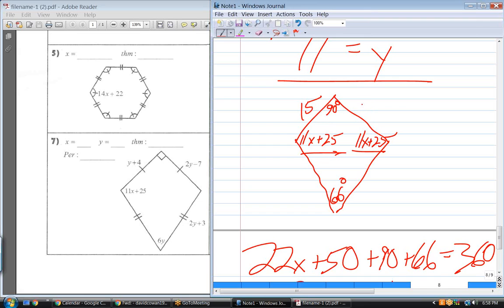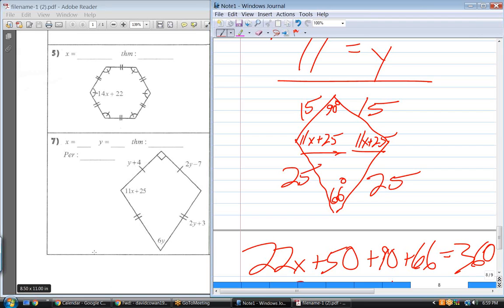Then this side here, 2y plus 3 when y is 11, is 25. What's this side over here? Also 25. What's the perimeter? 90. So the perimeter would be 90.